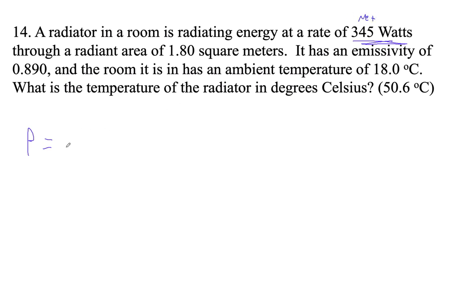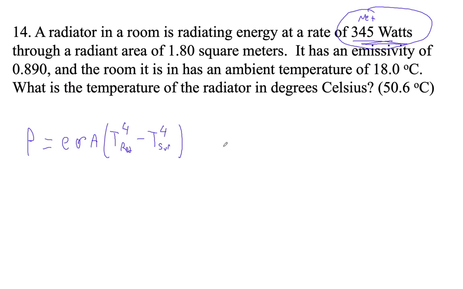That's going to be the emissivity times sigma times the area times the temperature of the radiator to the fourth minus the temperature of the surroundings to the fourth. Because the room starts with an R too. Okay, that's the radiator, the surroundings. And we are told that the net power output is 345.